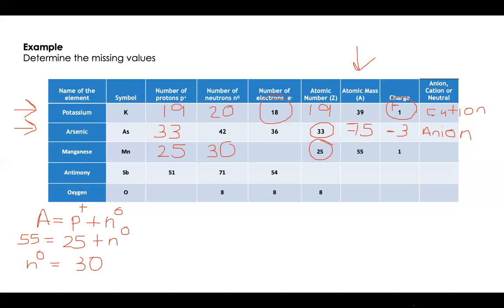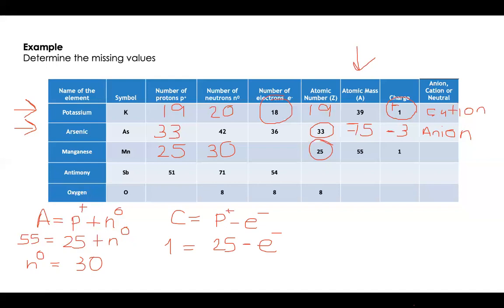Okay? The number of electrons, we will be getting it with the charge. Okay, we have the charge, it's equal to protons minus electrons. Okay, so if I have a charge of 1, it's equal to the protons, which are 25, minus electrons, okay?